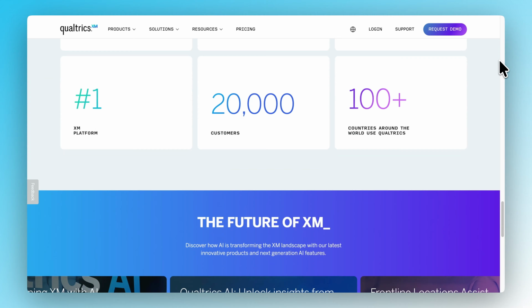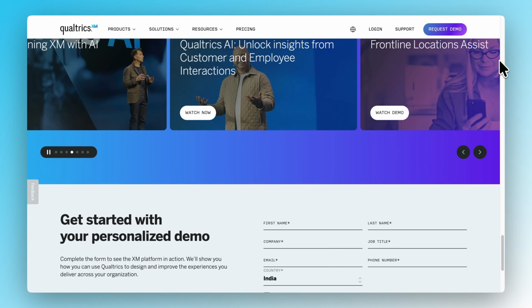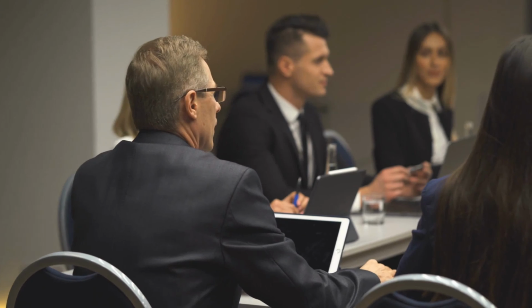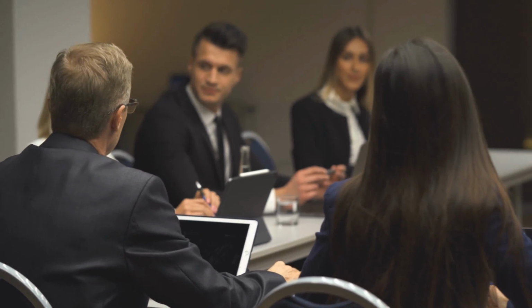Its AI-powered capabilities live primarily within TextIQ and XM Discover, where open text feedback is analyzed for themes, sentiment, and patterns. Qualtrics uses machine learning to classify feedback, detect sentiment, and surface key topics across large datasets. This allows enterprise teams to understand what customers are saying across surveys, experience programs, and structured VOC initiatives.